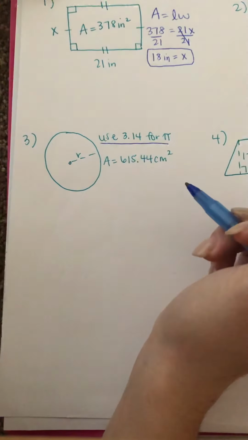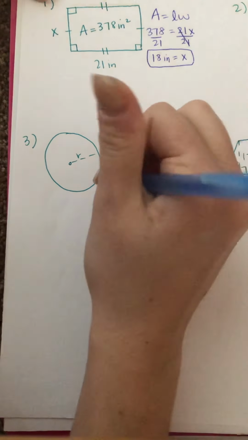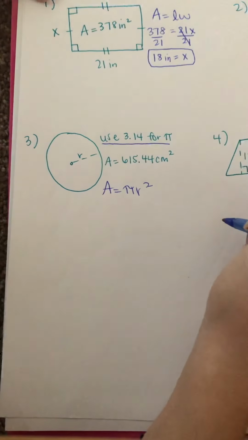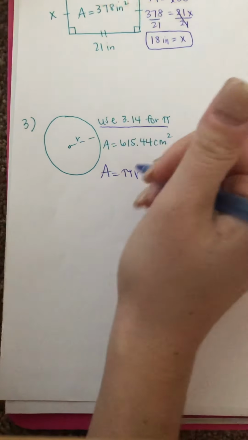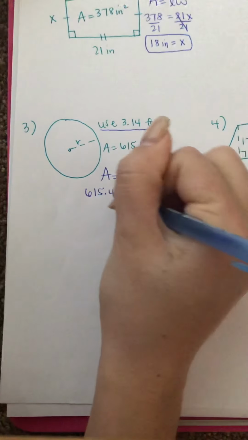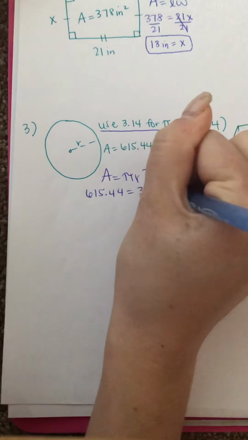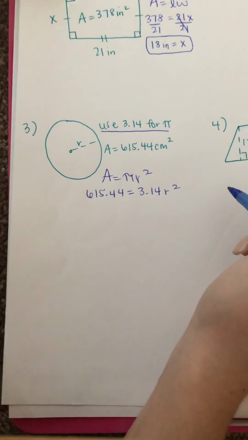Okay, so to solve for R, we're going to use the formula for area of a circle, which is A equals pi R squared. And we're going to substitute everything we're given. So that goes in for A because that's the area, equals, I'm going to substitute 3.14 for pi. And we're going to leave R squared. That's what we're solving for. That's our unknown.